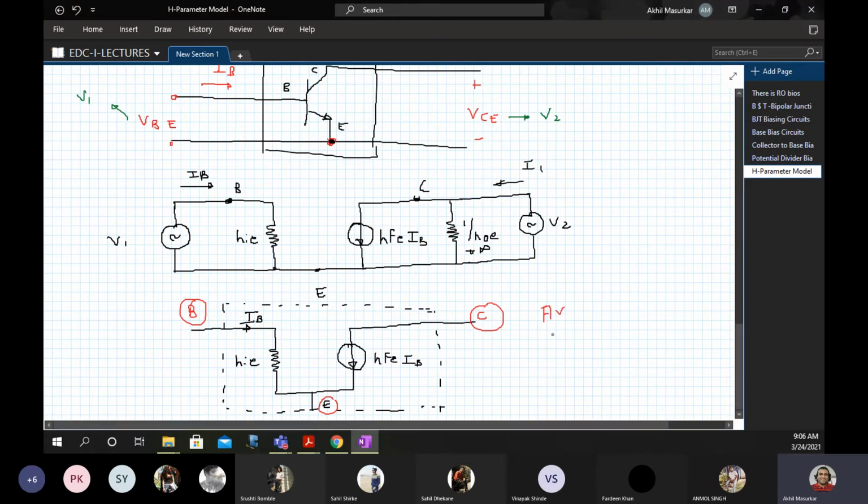We are going to get voltage gain, current gain, input impedance, and output impedance. So please draw this, and we'll have a break of 5 minutes and we'll come back exactly at 9:12 a.m.